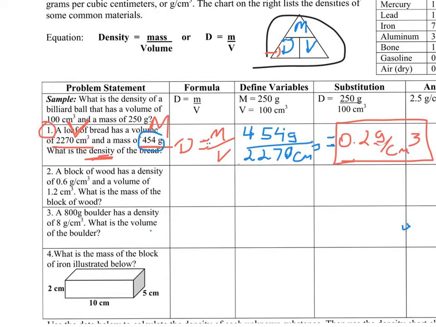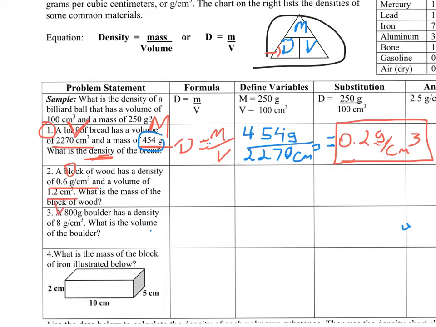Okay? Alright, so now let's look at number 2, and let's do a second example. Here they're giving you 0.6 grams per centimeters cubed. I have 2 units, so that tells me that that's my density. Okay. Now, I also have 1.2 centimeters cubed.